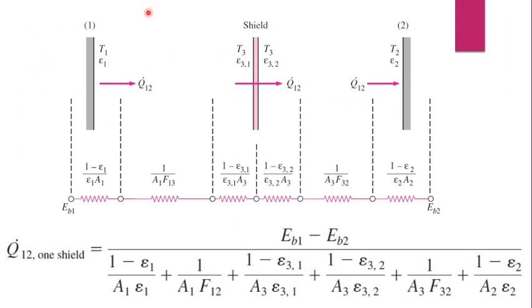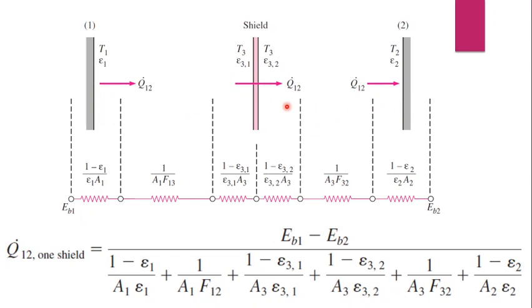As you can see here, we have two surfaces, parallel plates 1 and 2, right? Between these two parallel plates we are keeping one shield. Why are we keeping this shield? To reduce the radiation heat transfer between 1 and 2.